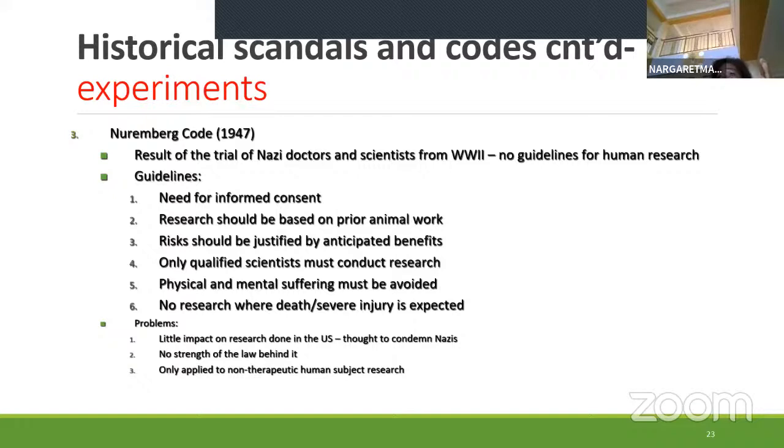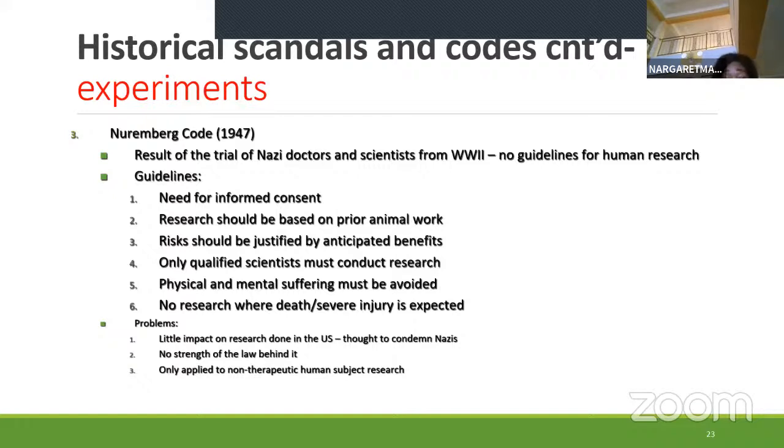Before you proceed to a phase 1 clinical trial, the science must have been proven in the animal model in the laboratory to show that we can adequately proceed with using the candidates, whether it be drug or vaccine, on humans. And the risks should be justified by the anticipated benefits. And as I mentioned earlier, only qualified scientists must conduct research.